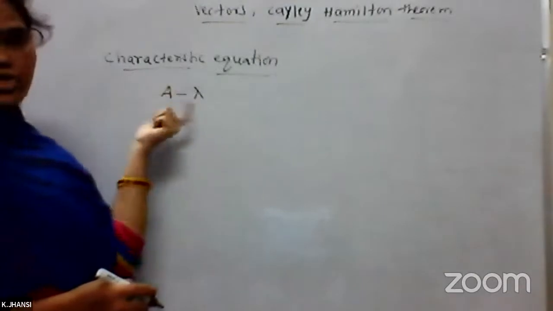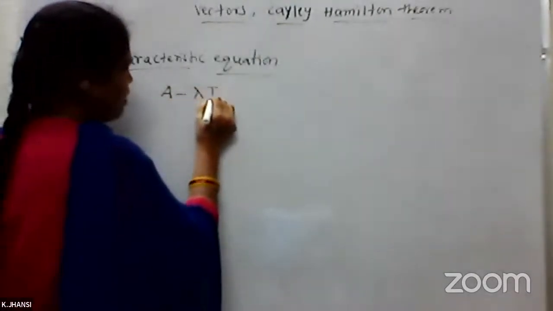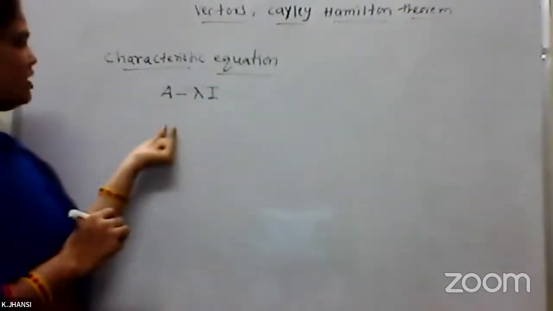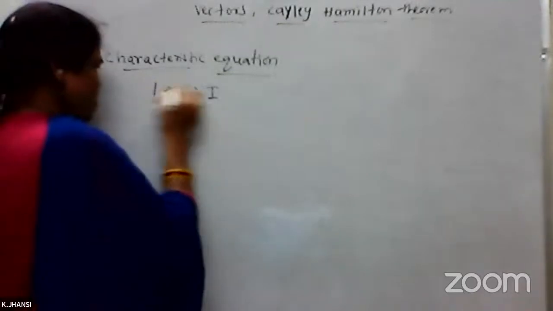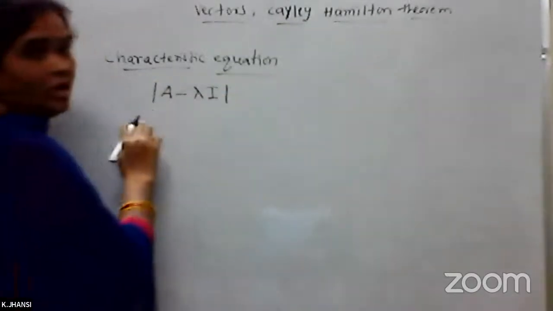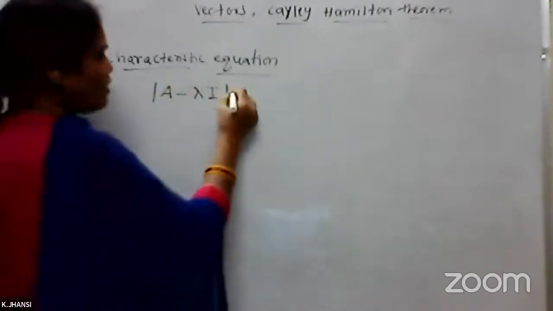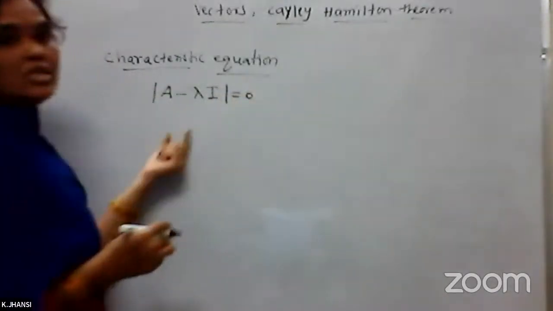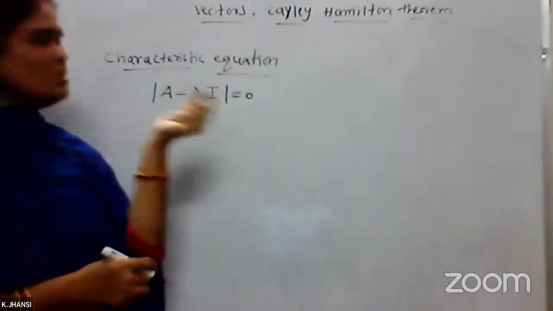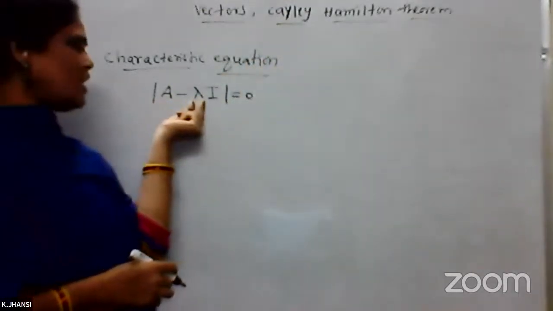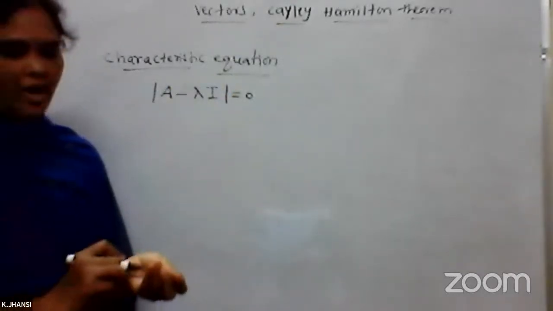Here A is the quotient matrix and we are doing A minus lambda I. If you take the determinant of A minus lambda I equals 0, this is called the characteristic equation of the given matrix. Lambda is any indeterminate and I is the identity matrix here.